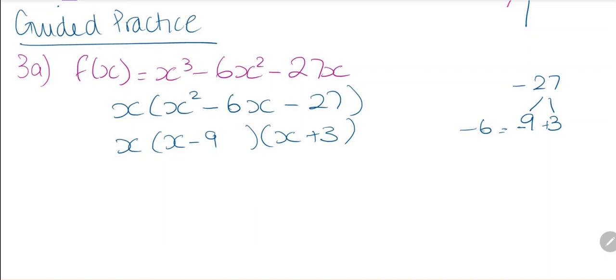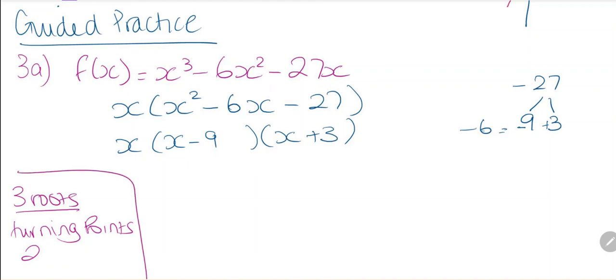It's an x to the power 3, so we know this is going to be 3 roots, and the turning points will be 2.